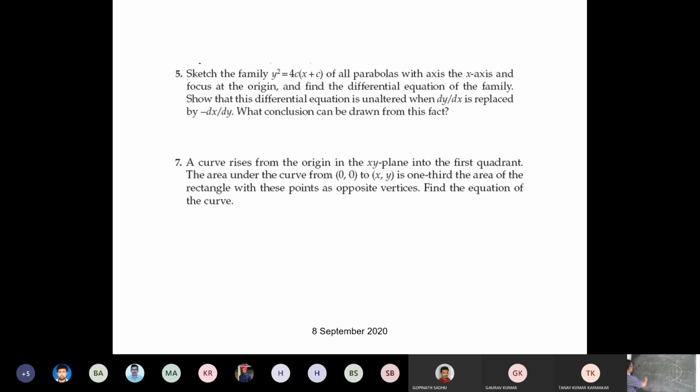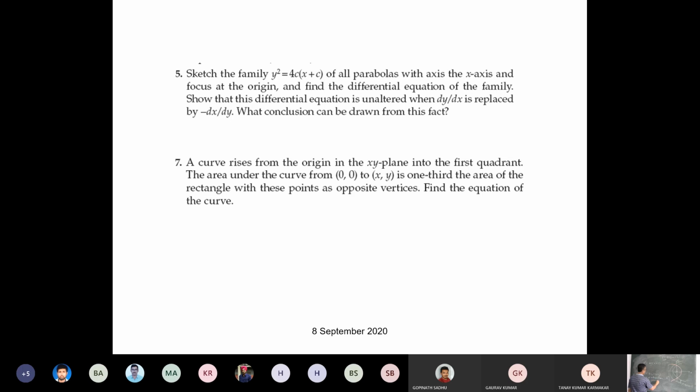So from these two, you can easily see that if I want to find out their point of intersection, then at the point of intersection, what we must have? They must be equal, right? So then what is going to happen?